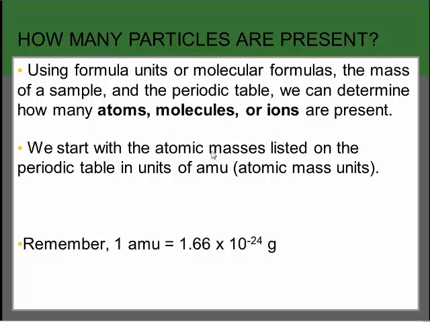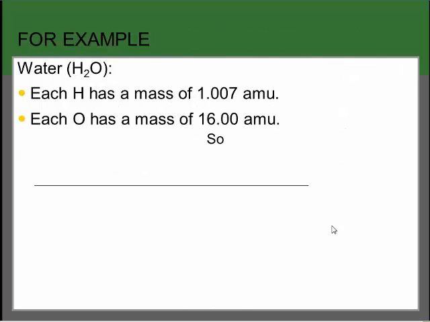So we'll start with the atomic masses listed on the periodic table in units of AMU. Remember that 1 AMU equals 1.66 times 10 to the negative 24th grams. So this is a very, very small amount of mass. So how do we figure out the formula mass of water, H2O? Each H has a mass of 1.007 AMUs.